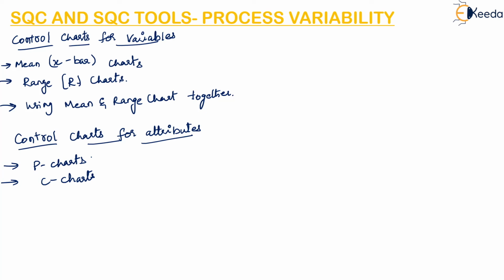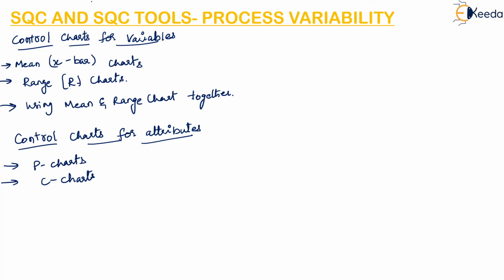P charts are used when the observations are placed in either of two groups: to check if the samples are defective or not defective, good or bad, broken or not broken. C charts are used when the defects can be counted per unit of measure. For example, if you want to find the number of dents per item, then we can use the C chart.